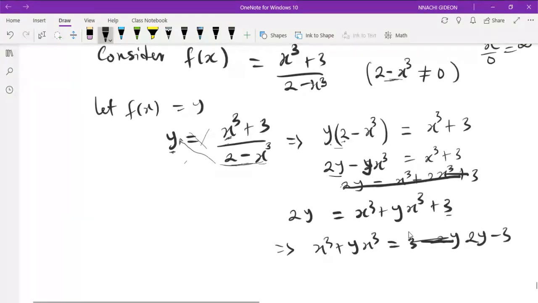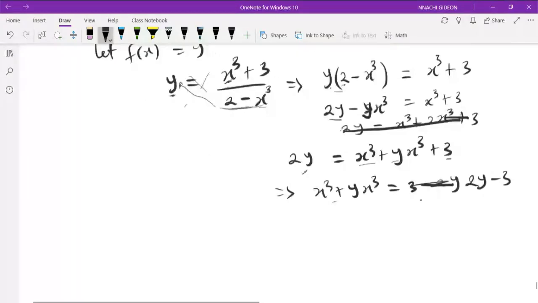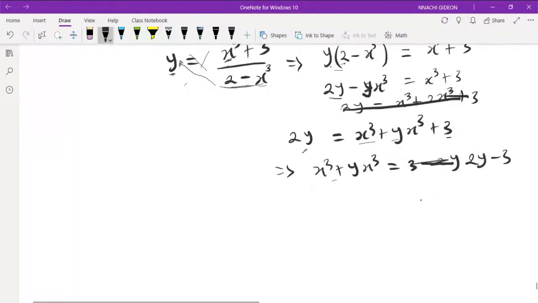Because this one crosses here as minus, while this one remains positive, okay? So just be careful about your crossings, equality sign rule. Always follow it. Of course, you know. So since my interest is on x cubed, that's why I brought x this side. This one becomes 1 plus y equal to 2y minus 3.